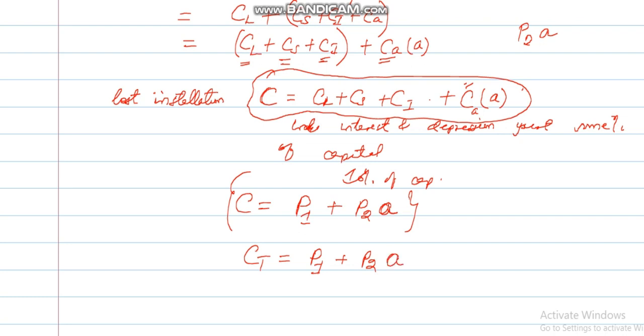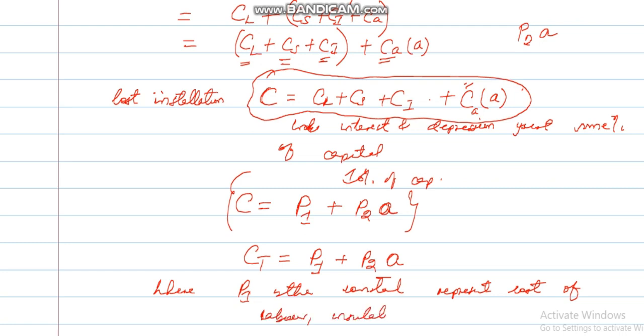Sawa. Nasema where P1 is the constant, ndio the constant ambayo ina represent the cost of labor, insulators and supports.